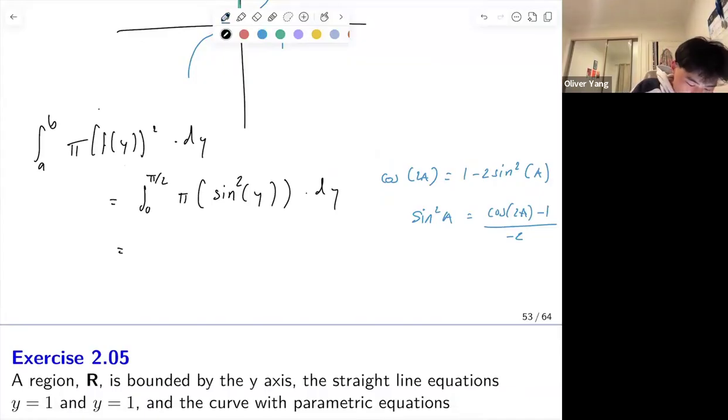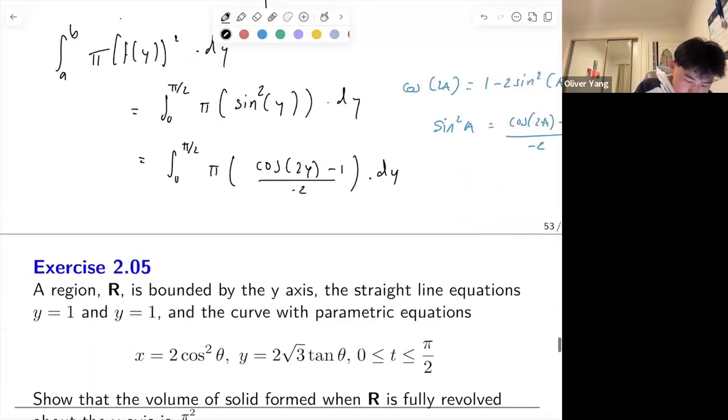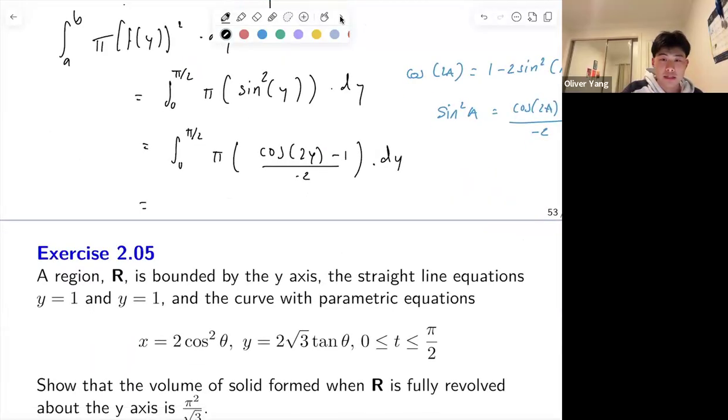We're just going to substitute that into our formula, with 2y, and then integrate this.